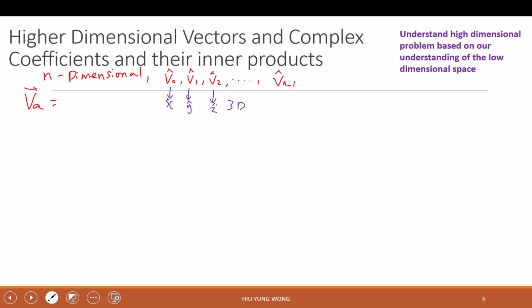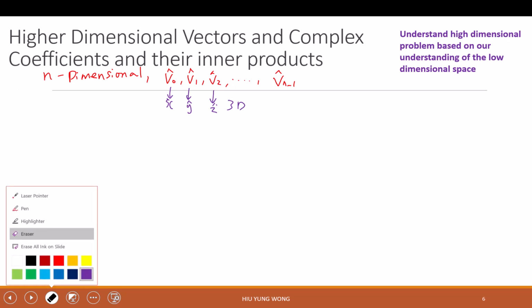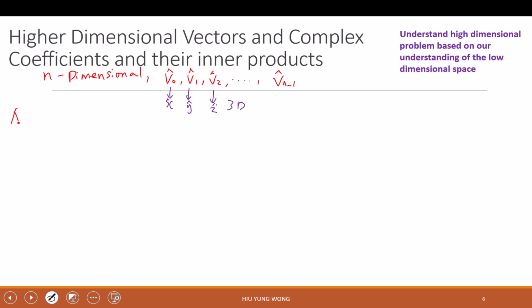You cannot feel it, you cannot imagine it, but okay, I have n dimensions. If that is the case, any vector in this space, let me call it V_A hat, equals A0 V0 hat plus A1 V1 hat plus A2 V2 hat all the way to A(N-1) V(N-1) hat.